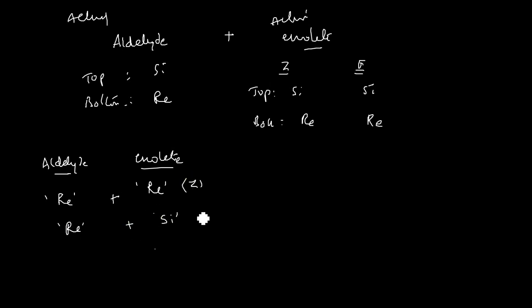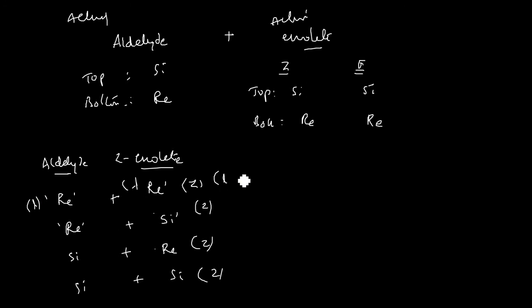This is Z and this is also Z. We are considering Z enolates only. And then the Si face of aldehyde can be approached by the Re face of enolate, and the Si face of aldehyde can be approached by the Si face of Z enolate, right? So this is called like combination, this is called like combination, and this is like and this is unlike. So like, unlike combination, like, unlike.